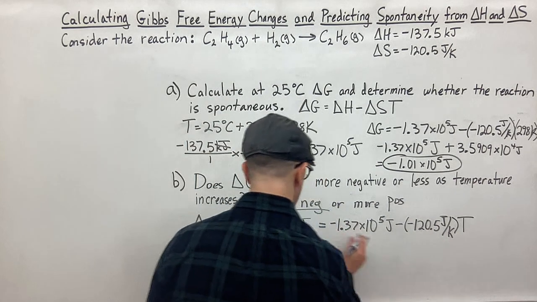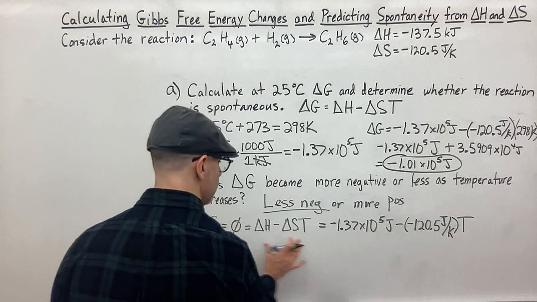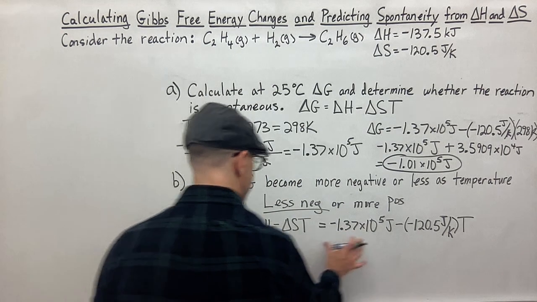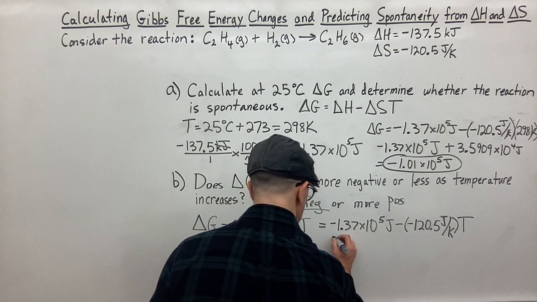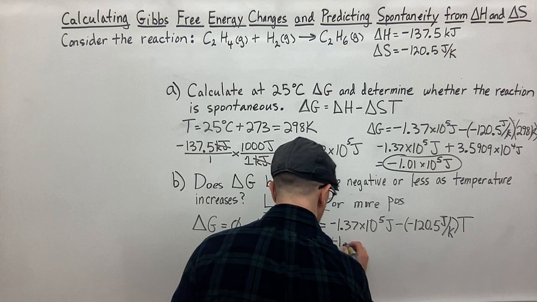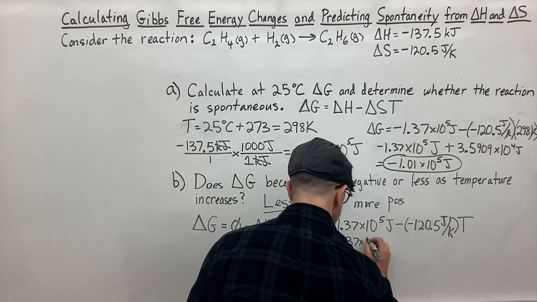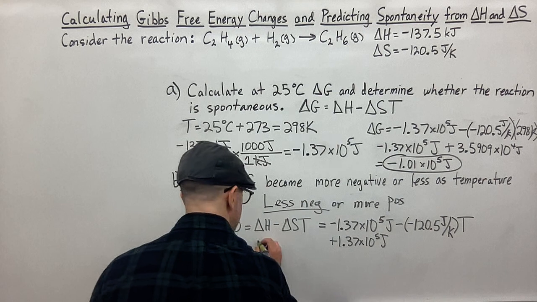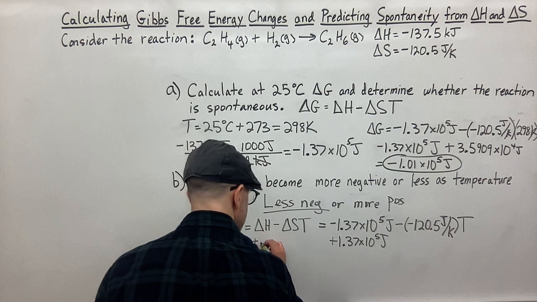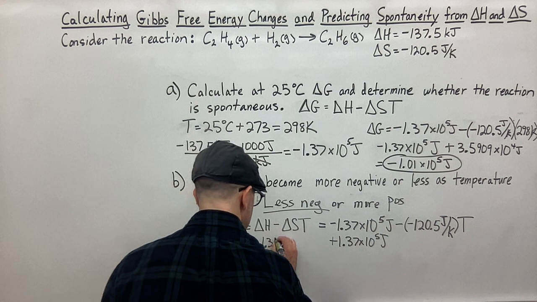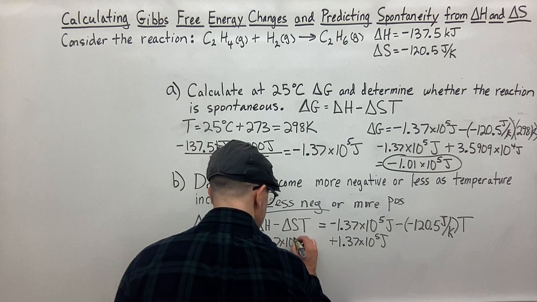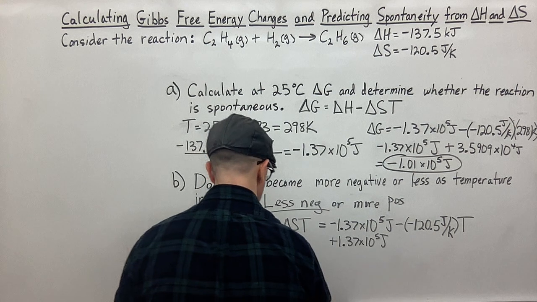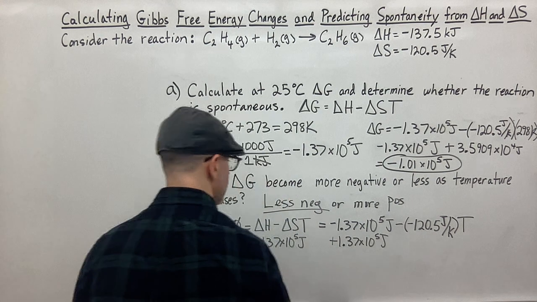So we're going to bring this over here to this side, right, by adding. So we're going to add 1.37 times 10 to the fifth joules, and we're going to add it to this side here, plus 1.37 times 10 to the fifth joules.